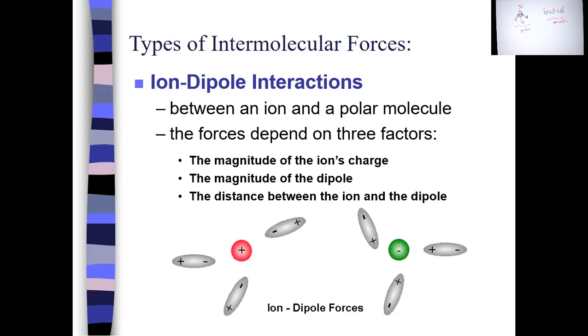Sketch that. So the gray things are dipoles, right? Positive and negative ends to them. The red thing is a cation. The green thing is an anion. You have to color them? You don't have to color them, no. But when you put the salt in water, the ions get pulled apart.